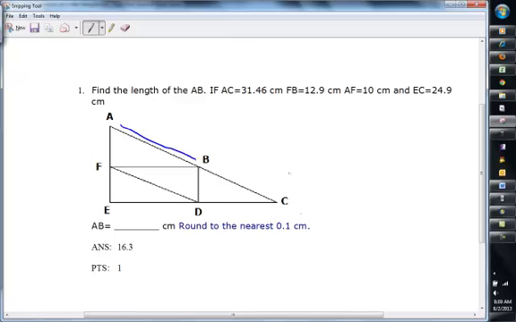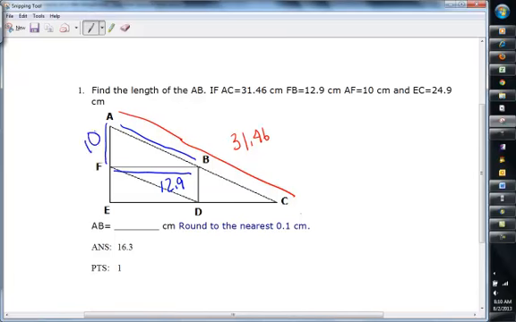If A to C, I think I'm going to change colors so that you see that it's a different triangle, is 31.46. F to B is 12.9. And A to F is 10.